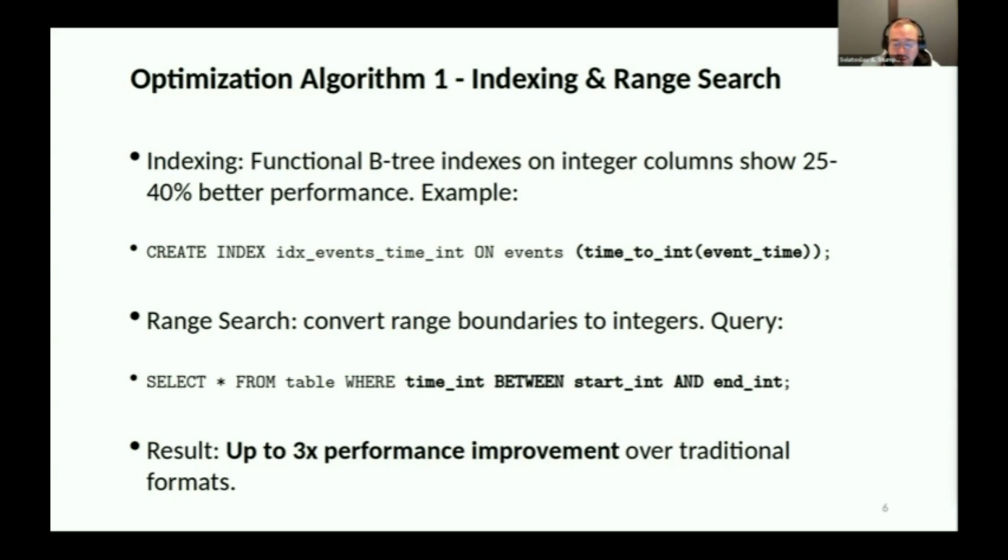And you just do a simple change. You add a time-to-int call into your code, and you drastically improve the performance of your indexing: 25 to 40% in real-world applications.